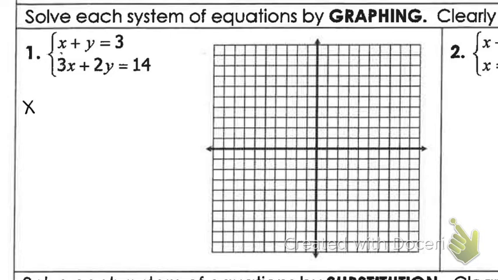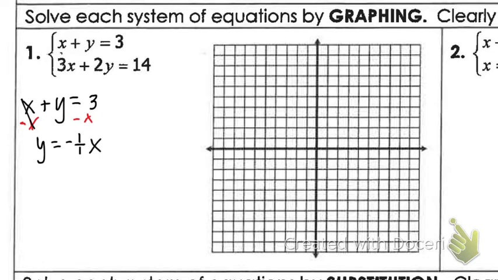So first one we have x plus y equals 3. What needs to move for this to be in slope-intercept form? Subtract your x. So y equals negative 1x.